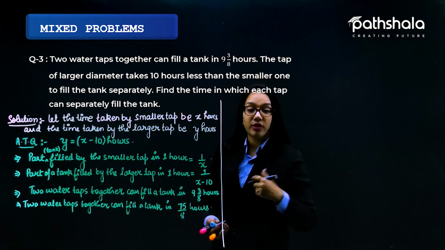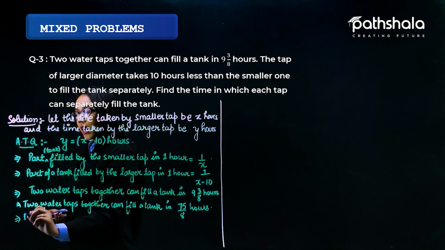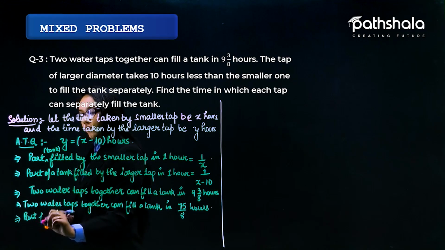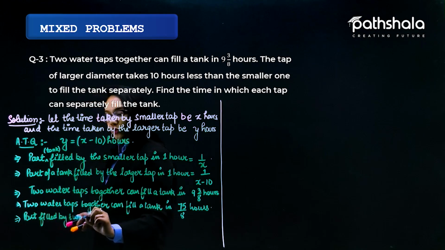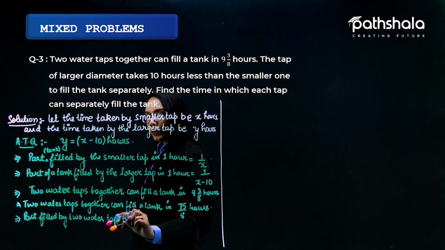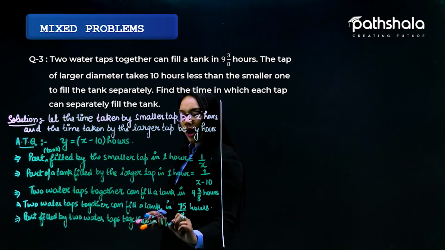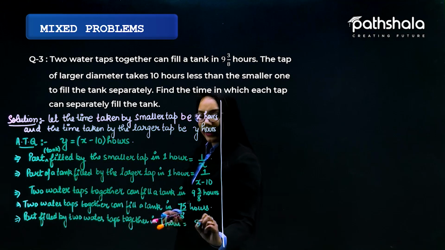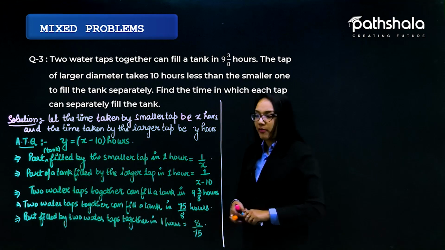So let's talk about their 1 hour, that how much part should be filled by the two water taps together in 1 hour should be 8 by 75, obviously.